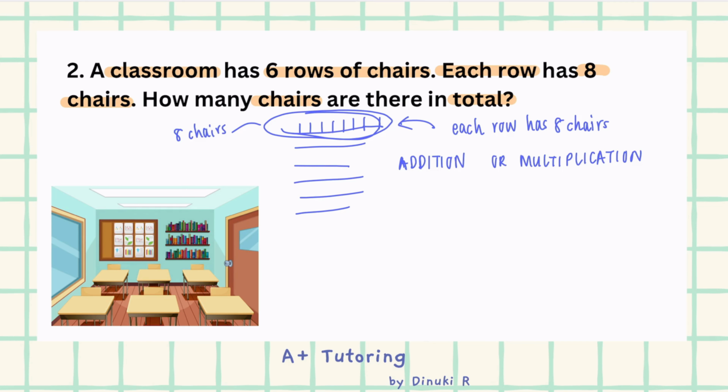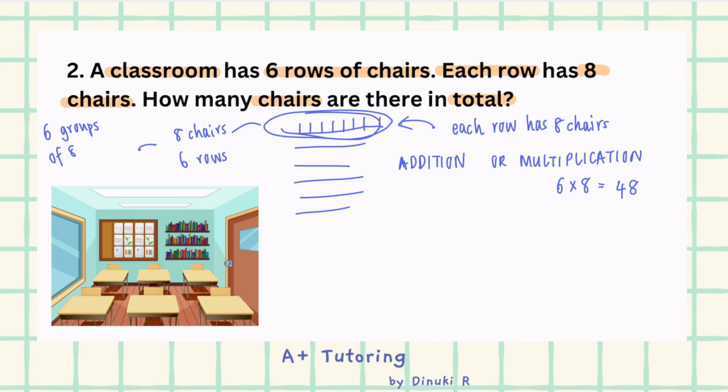And how many groups do we have? 6. So this is almost like saying 6 groups of 8. And there's 2 ways to do it. The quicker way to do it is just to do a simple multiplication. In fact, if we know your 6 times tables, they should be pretty easy. 6 times 8 gives us 48.